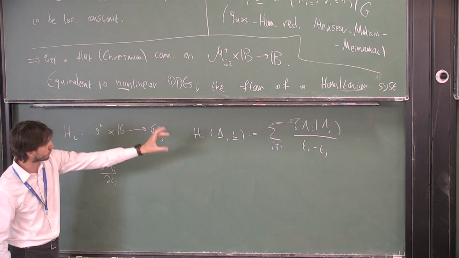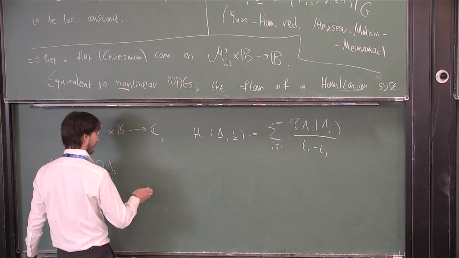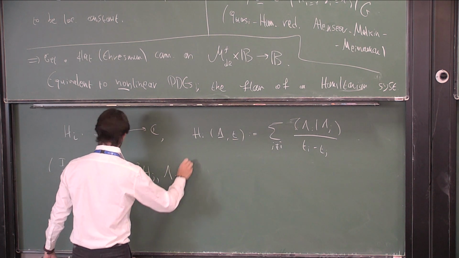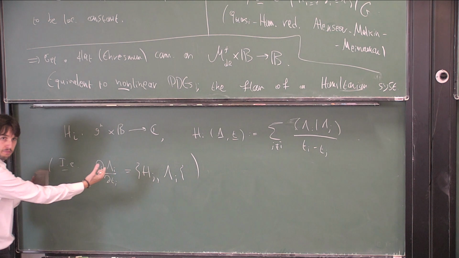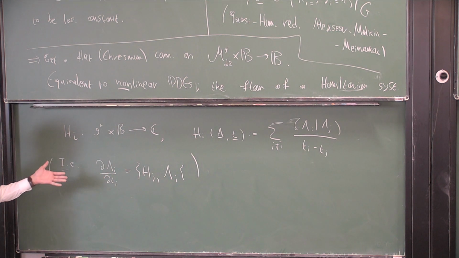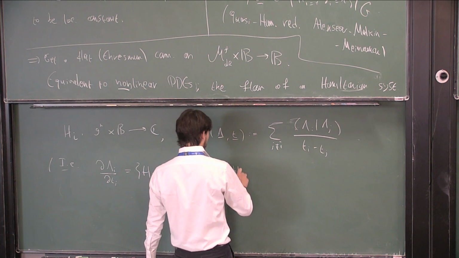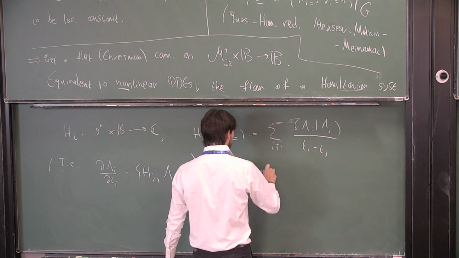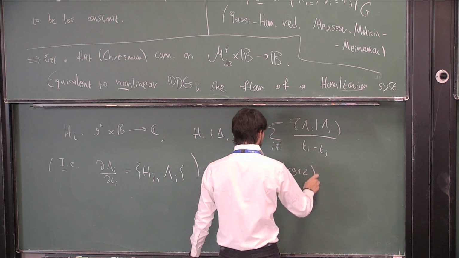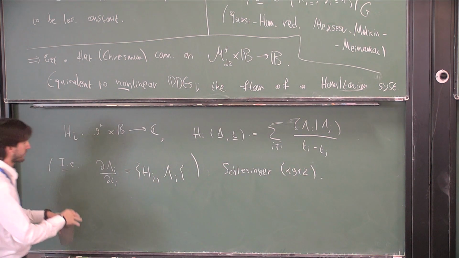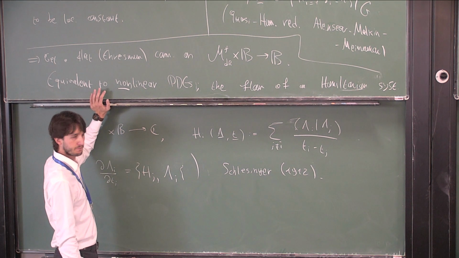And you find that this is controlled by the flow of these Hamiltonians. So that's the statement. And this goes back to Schlesinger, around the beginning of the 20th century. Okay, so the deformations of Fuchsian systems on the sphere.